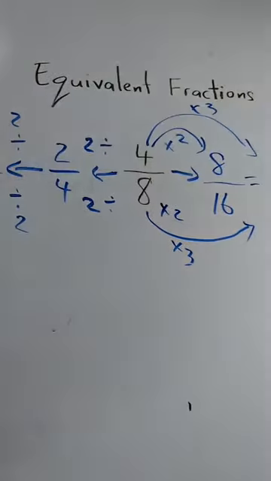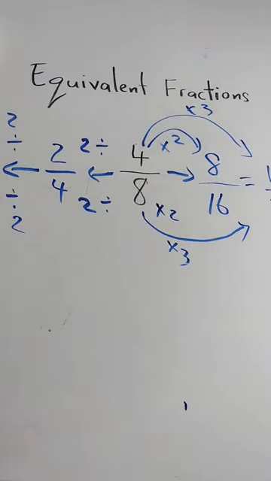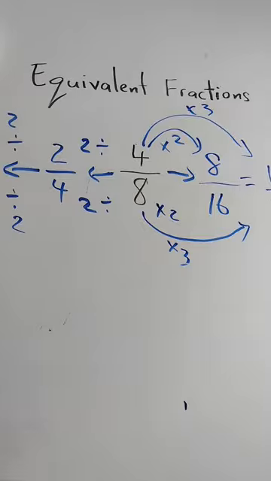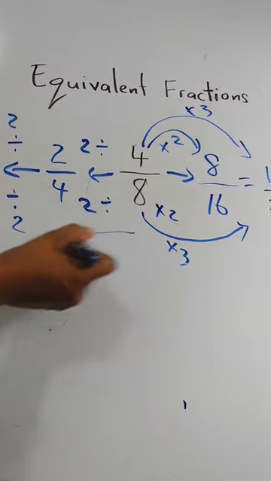All the fractions here are representing half of a whole. So what should we notice? When we reduce a fraction, all these fractions are equivalent, but there's something special about reducing. When it comes to equivalent fractions, we can create multiple equivalent fractions from a fraction. But going in this direction has a stop.